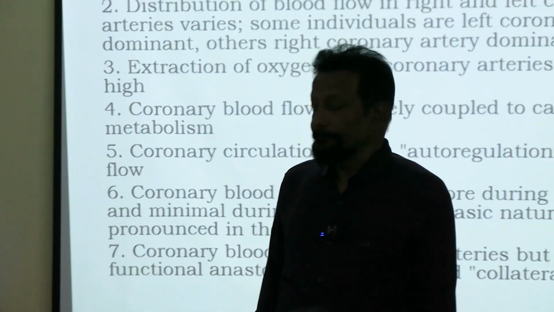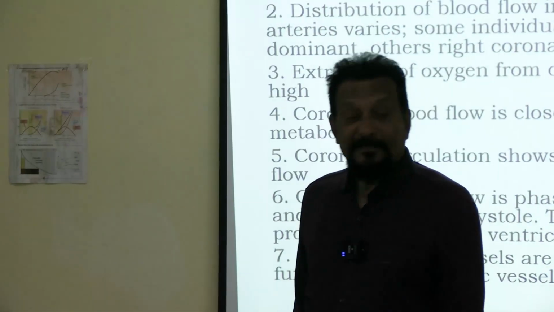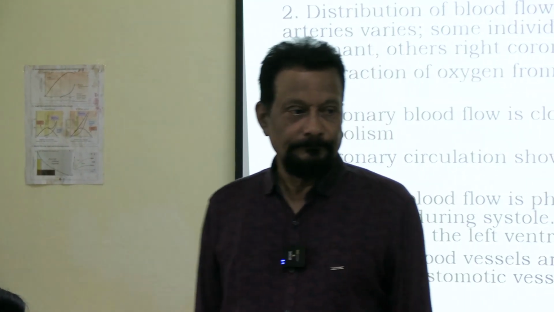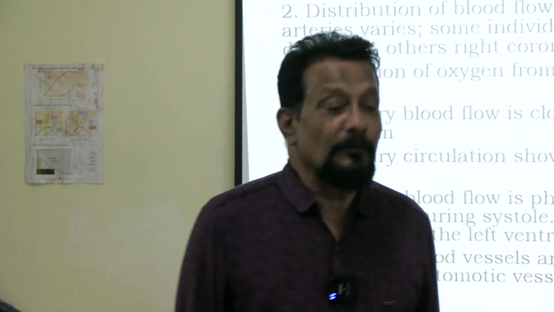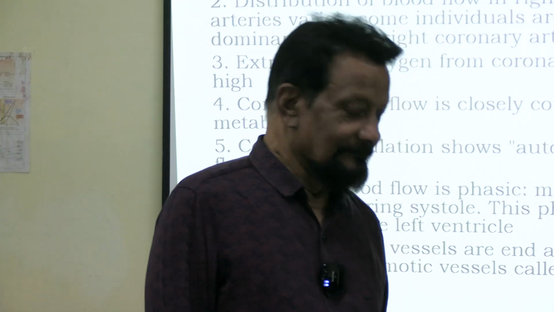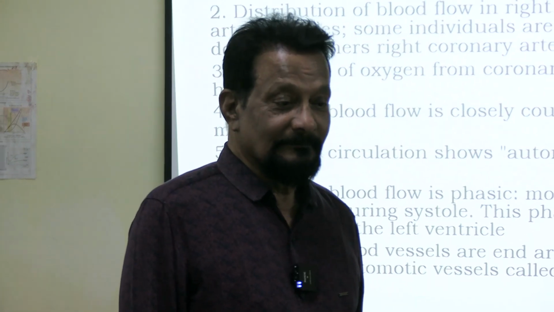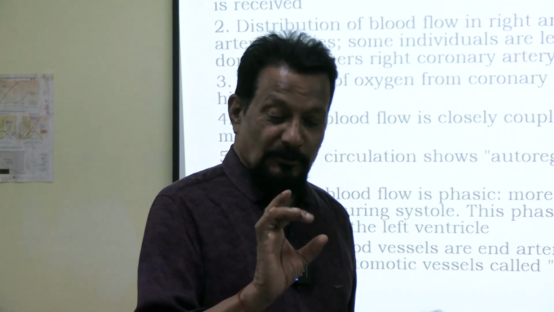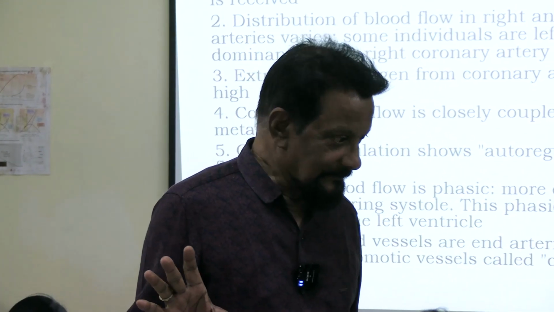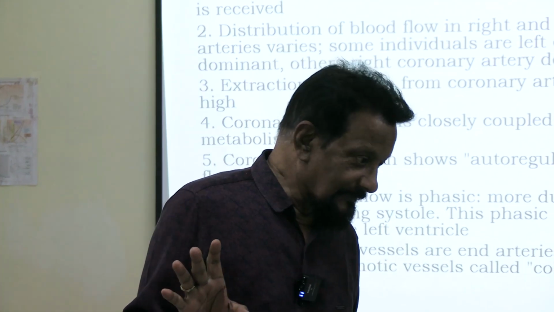What do you mean by oxygenated blood or deoxygenated blood? What do you mean by deoxygenated blood? Carbon dioxide mixture. Does deoxygenated blood mean there is no oxygen? Oxygen is present.